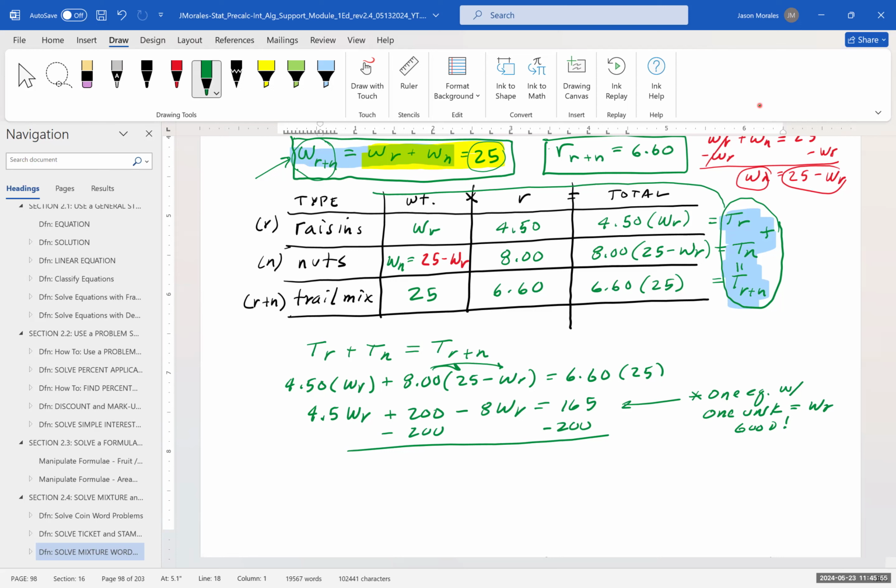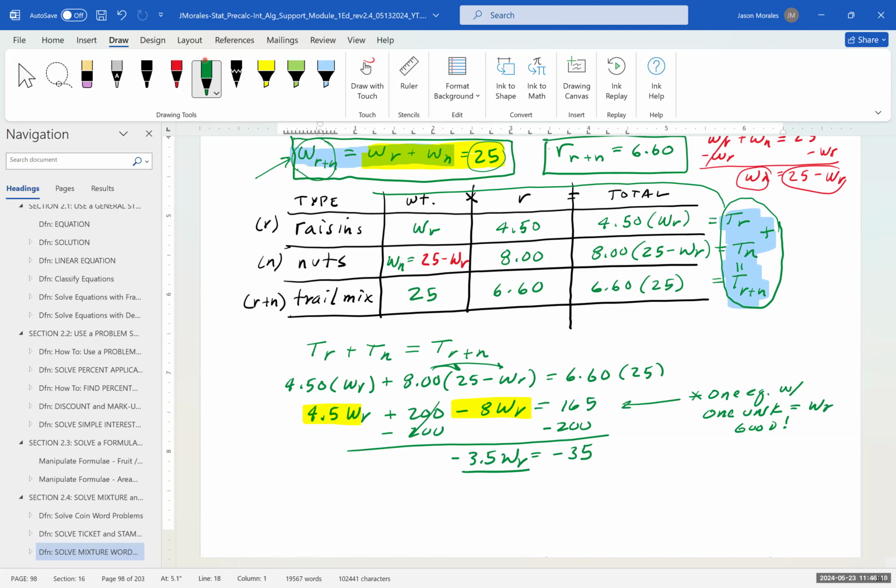And so we're going to be left with, that's going to zero out. And over here on the right, we've got negative 35. And we have a pair of like terms. So 4.5 weight of raisins minus 8 weight of raisins gives us negative 3.5 times the weight of raisins.